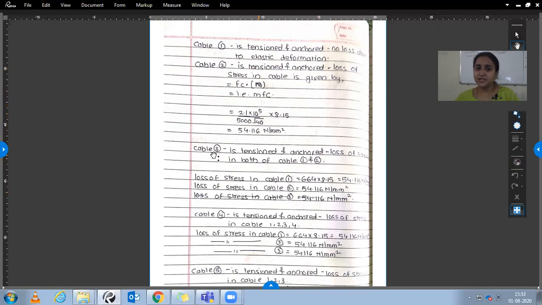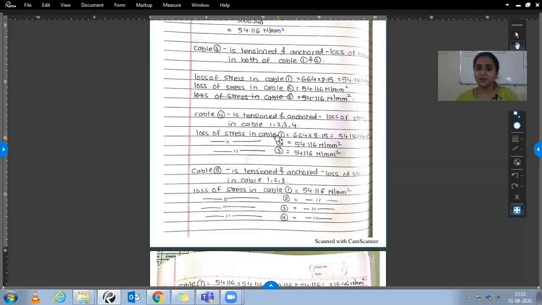Now moving towards cable 3, it is tensioned and anchored after cables 1 and 2. So we'll add up the loss due to elastic shortening of cables 1 and 2 in cable 3. Then for cable 4, it is tensioned after cables 1, 2 and 3, so we'll add up these losses for cable 4.